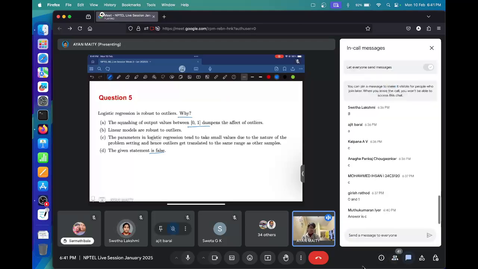So you have to find out why logistic regression is robust to outliers.